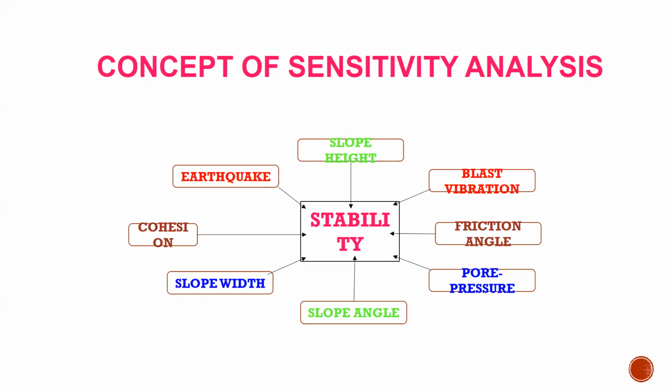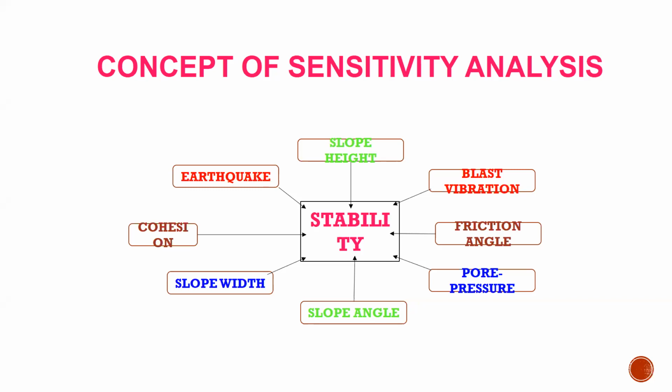So if stability is the central focal point, then slope height, slope angle, slope width are the physical parameters that we can plan in advance in the field. These parameters are very sensitive towards stability.